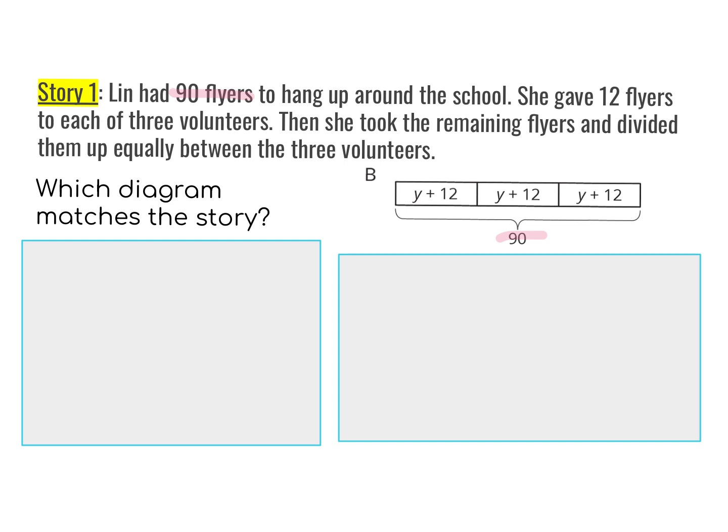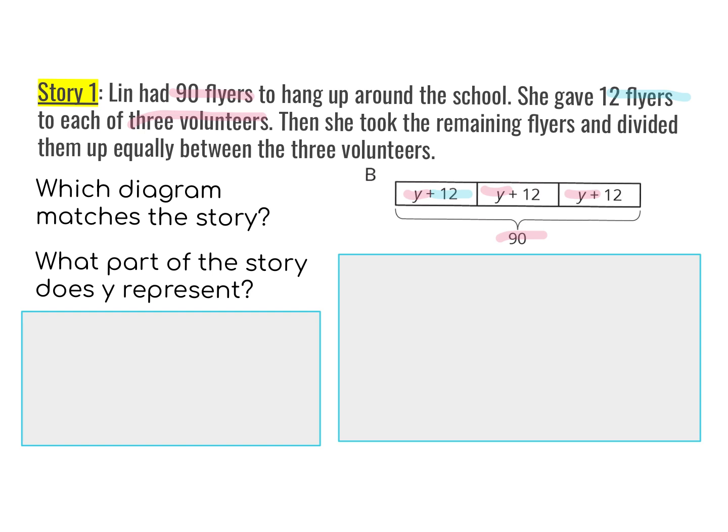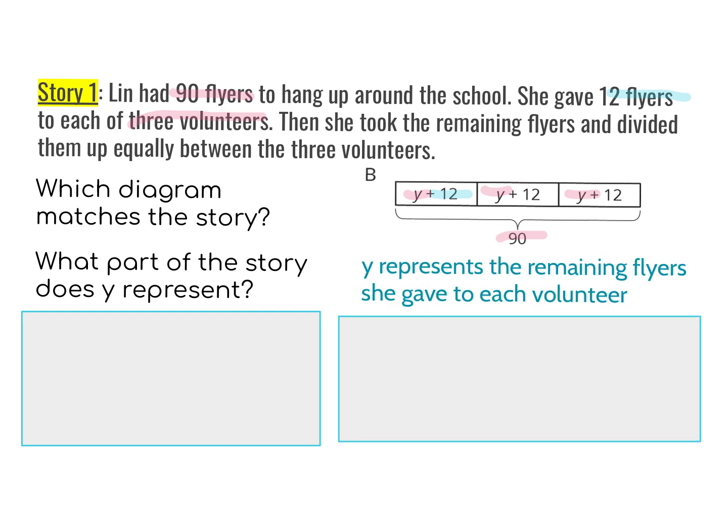So here she has 12 flyers, and then our y, the unknown amount, is divided among 3 volunteers. So what part of the story does y represent? y represents the remaining flyers she gave to each volunteer.